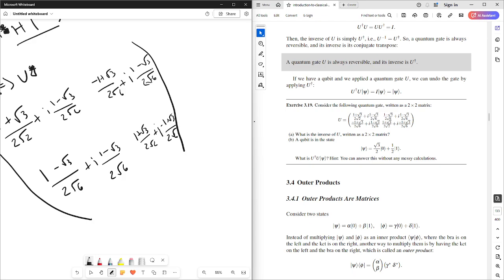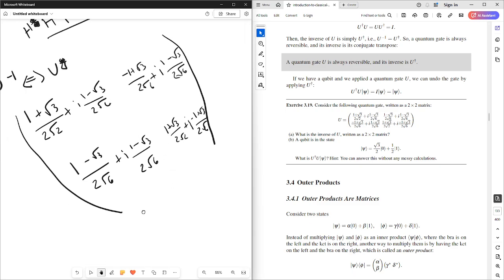So that's the transposition, right? We flipped, our rows have become columns, and our columns have become rows. Now we need to take the conjugate part, where we need to assess the negation of all of our complex parts.